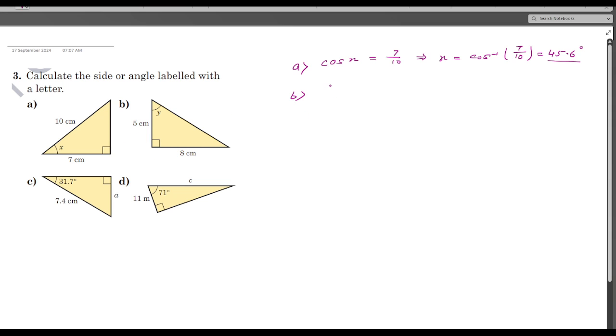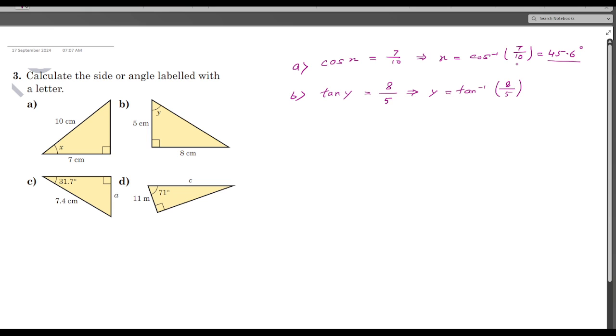Okay, B question. For this angle y, opposite and adjacent are given. So here we will use tan. We will say that tan y is equal to opposite, which is 8, divided by adjacent, which is 5. So this gives you the value of y as tan inverse 8 divided by 5.